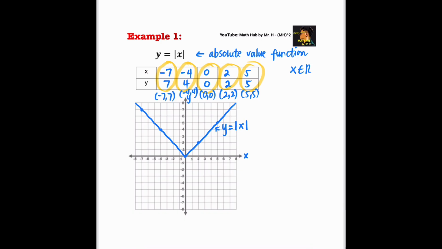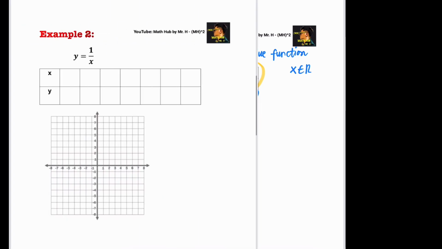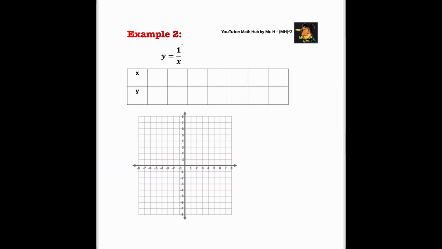Alright, so let's head on to example number 2. We have here y equals 1 over x. We call it the reciprocal function. Before we choose the values of x that we want to use for the table of values, let's talk about the restriction.